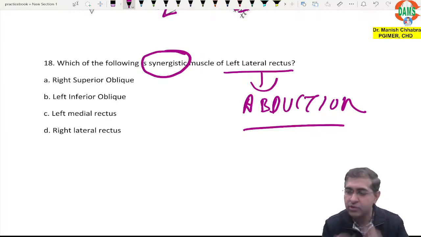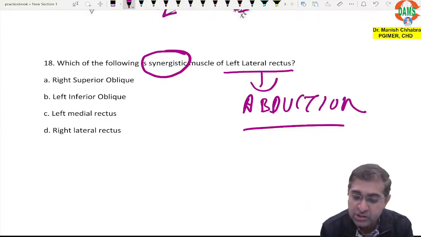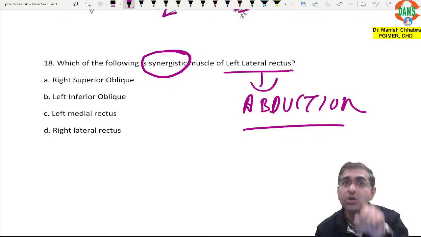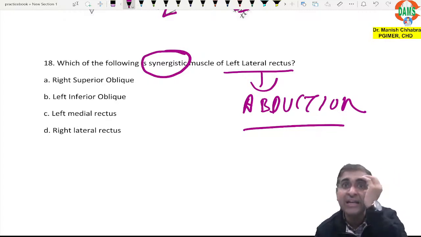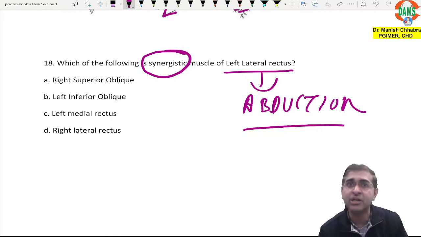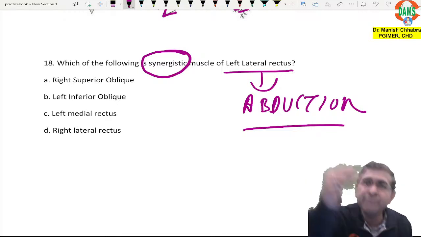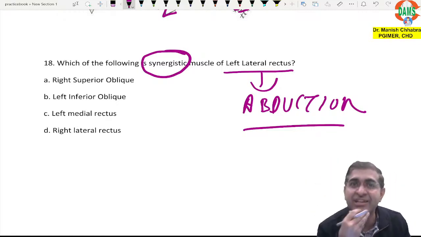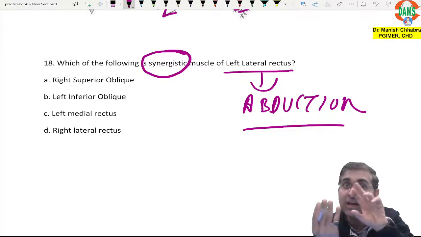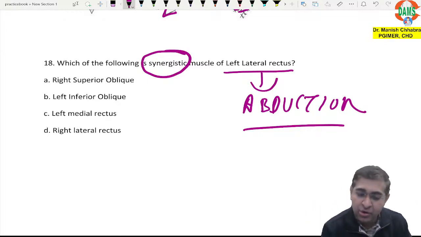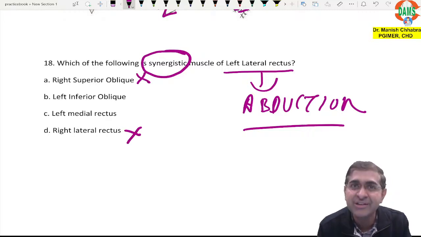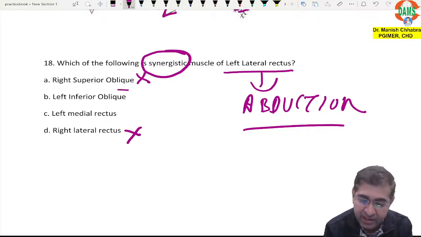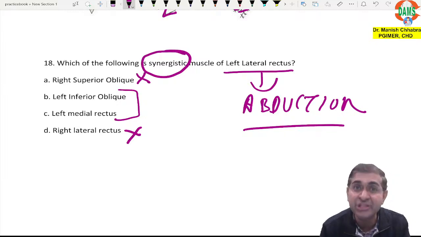How will you reach towards the answer? Because we are talking of the assistance of the left lateral rectus in abduction. We will simply eliminate the options which are associated with the right eye, because we want to move the left eye in abduction now. So there is no point of taking the right muscles. Yes, now we are left with left inferior oblique and left medial rectus.